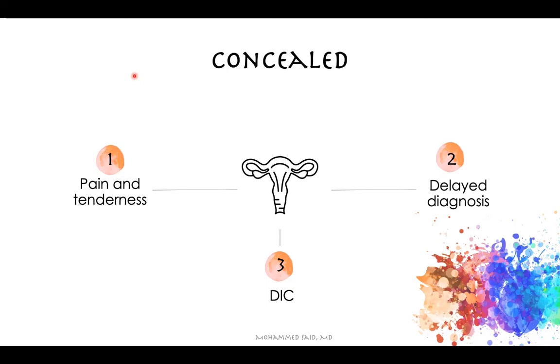So it's going to push more thromboplastin inside the large veins that are draining the placenta. So basically, it's pushing more thromboplastin into the maternal circulation that's going to cause consumptive coagulopathy, or DIC.